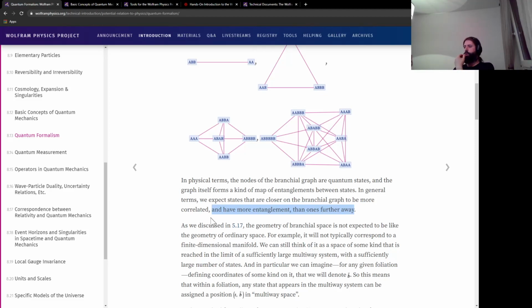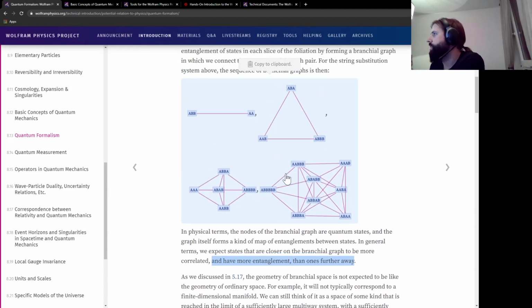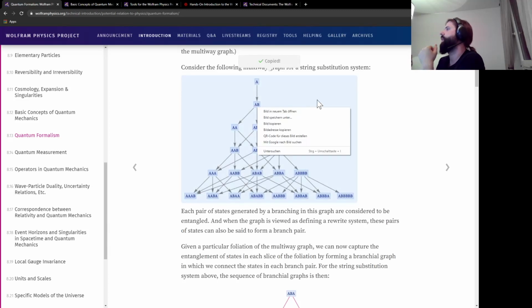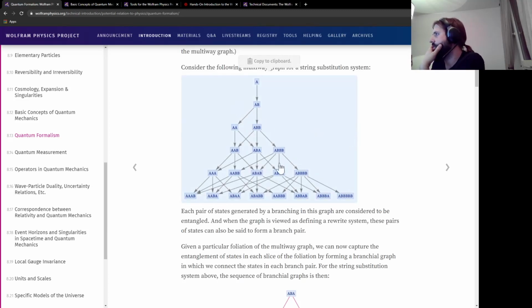So that would be an interesting concept of measure of entanglement. But if each node is a state, I just don't get how, I guess that is just an example.